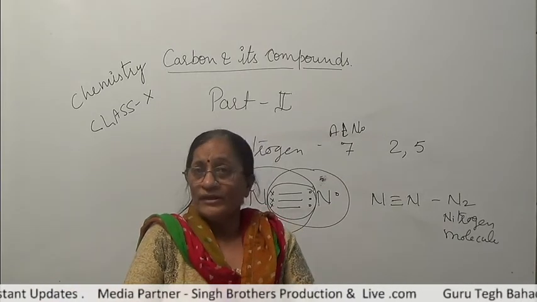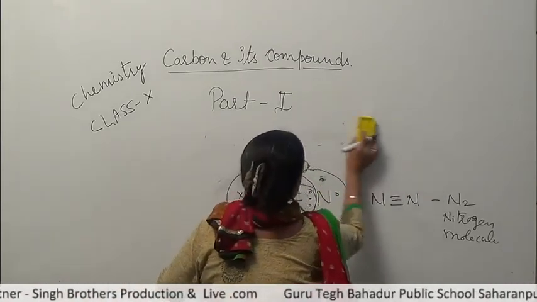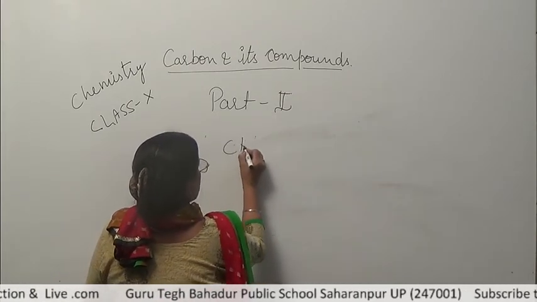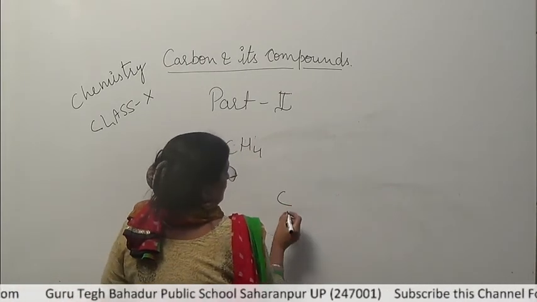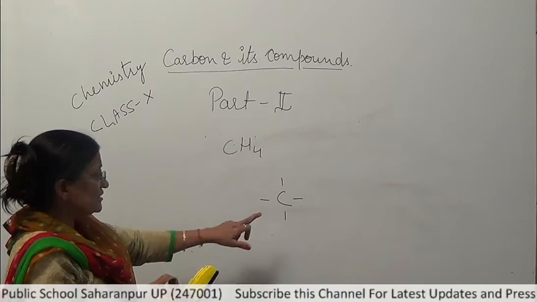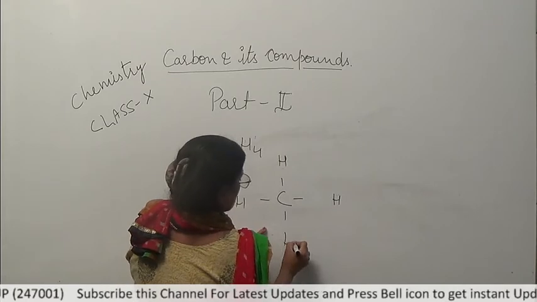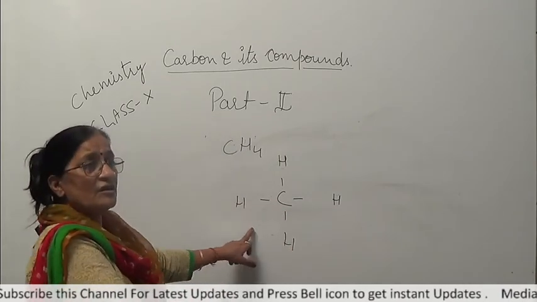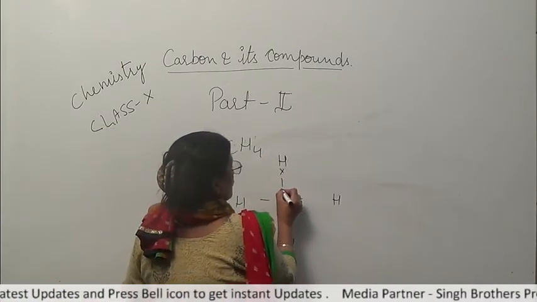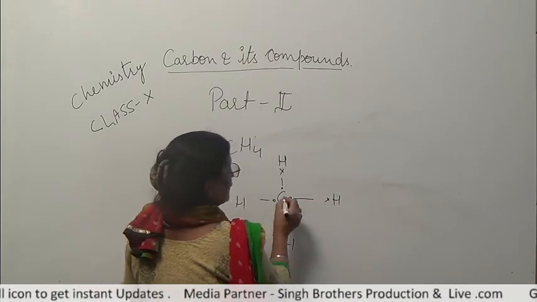Let us take the example of methane. Methane formula is CH4. Carbon, as we know, is tetravalent, meaning its valency is 4. So in this way, 4 hydrogen atoms share their electrons with carbon and make it stable, and they also make themselves stable by sharing the electrons.